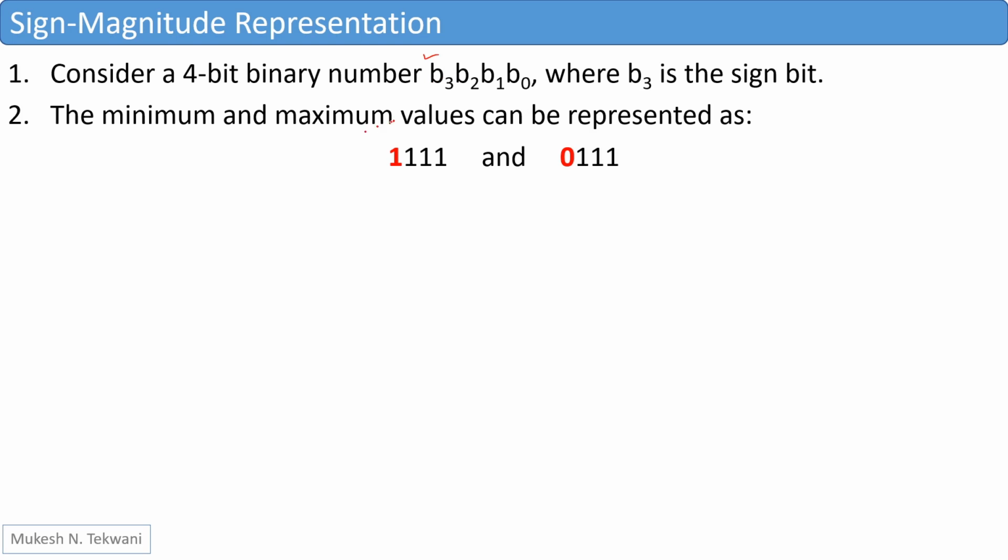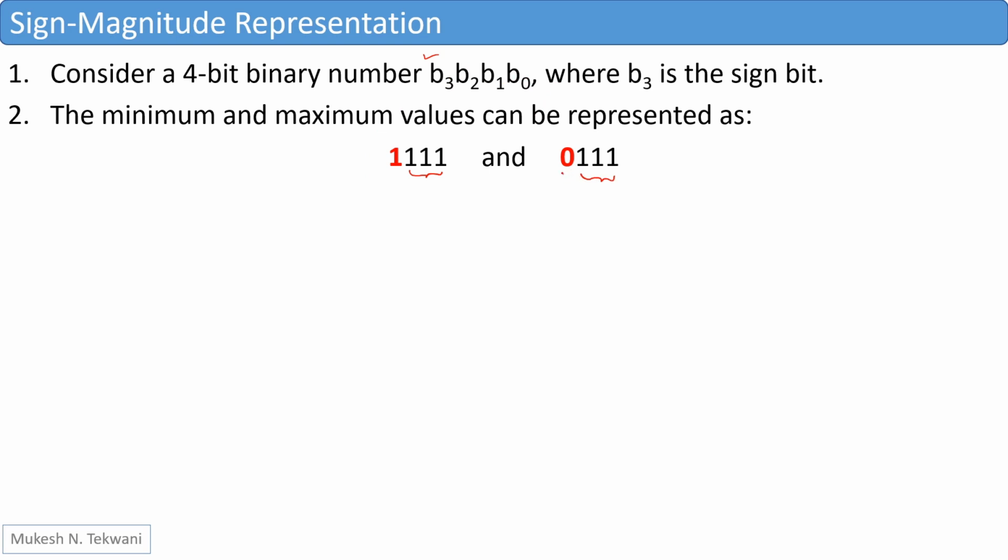So we will have two possibilities. Bits B0, B1, B2, these 3 bits, each of these can be 1. That is the largest value a bit can take. And B3 can be 1, or the bits B0, B1, B2 can be 1 but the bit B3 is 0.